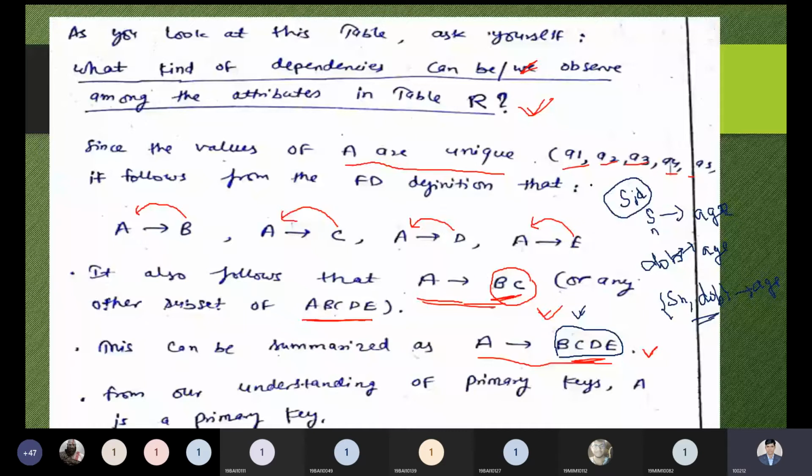Now let me clear up all these important terms. Except the A attribute over here, or the SID attribute, this is the key attribute, because in this attribute all these attributes belong to the uniqueness. So this is known as the key attribute.